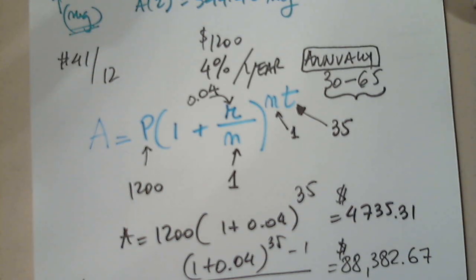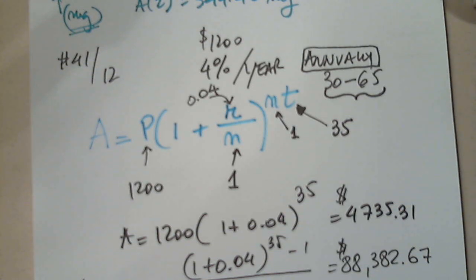Back to the formula one more time. That's not here, that's here. So the principal, 1.04, power 35, minus 1 divided by 0.04. So this is what we got. Now the second part. How much of that total amount is from Sally's deposits?